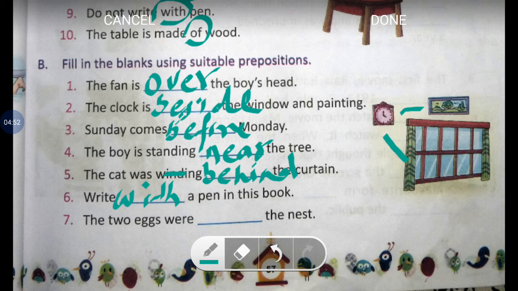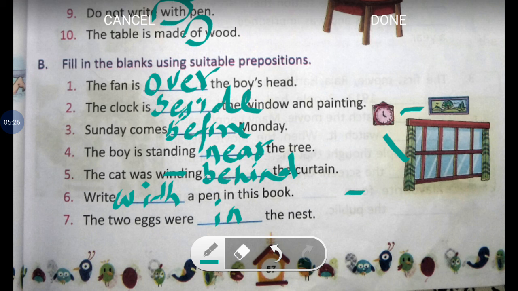Let me tell you, अगर कभी भी इंक वर्ड दिया हो तो आप उसके साथ क्या लिखेंगे, राइट इन इंक। और अगर उसके साथ पेंसिल दिया हो तो आप उस वक्त पेंसिल के साथ विथ प्रीपोजिशन का यूज कर सकते हो। ओके, राइट विथ पेंसिल और राइट इन इंक। 7th, the 2 eggs were in the nest. In means में. Okay, so here we have solved half of the exercise B also.